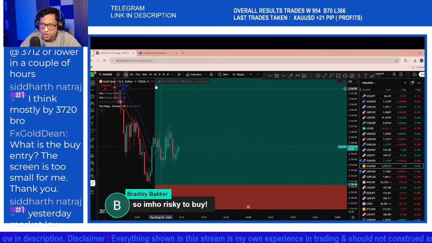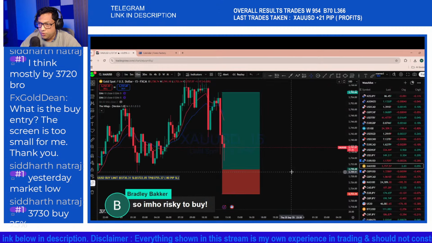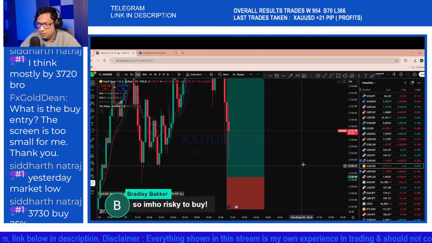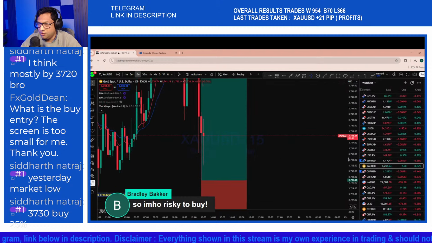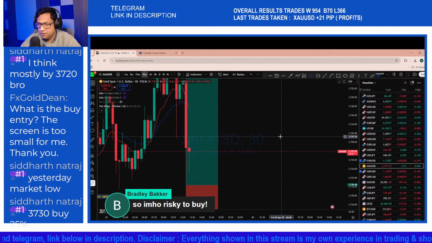Here is the market structure showing up for that zone to be potentially to retest that level and then to reject again back above here.